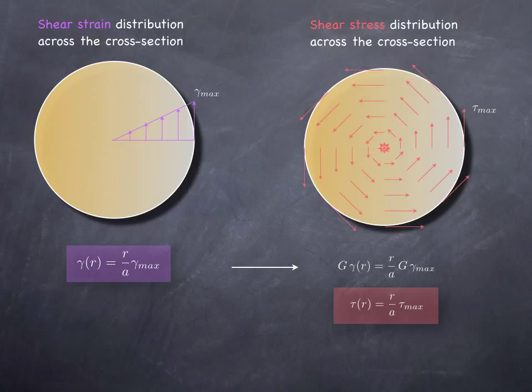I can expand this argument to any direction within the cross section, and of course that is going to give me a shear stress distribution that looks like this across the cross section. So it's kind of like a twirling set of arrows, all of which linearly vary with respect to the centroid, with respect to the radial coordinate.